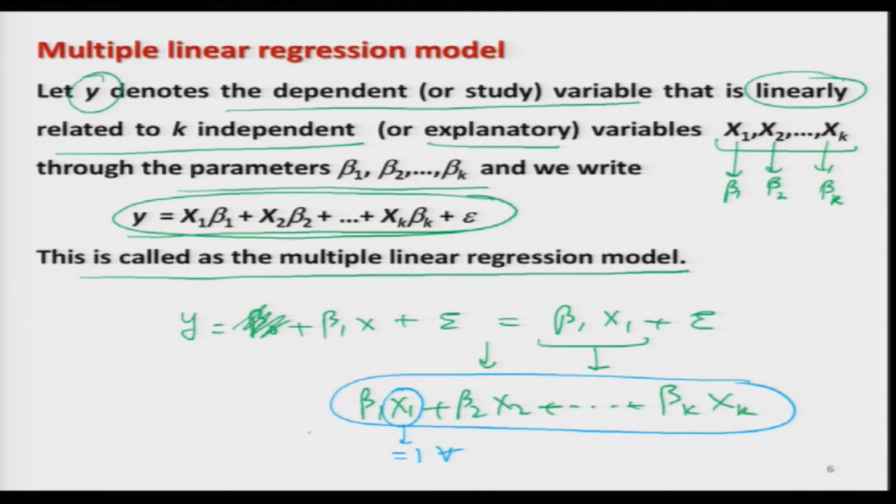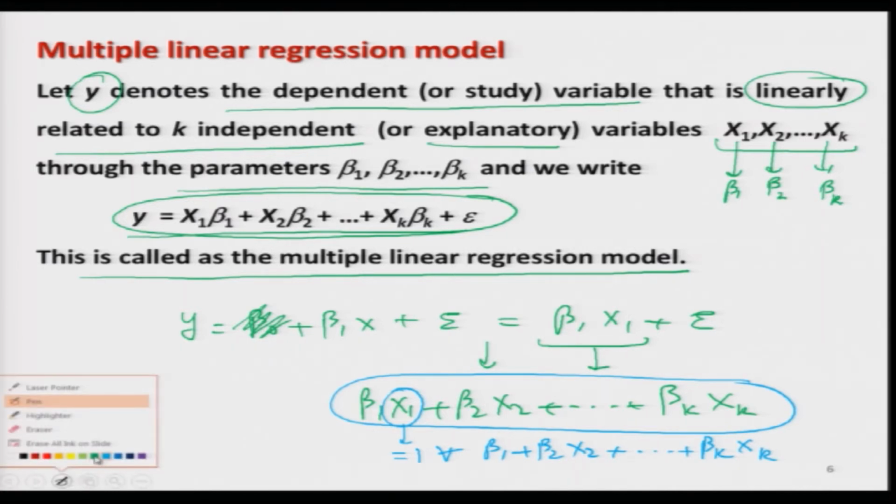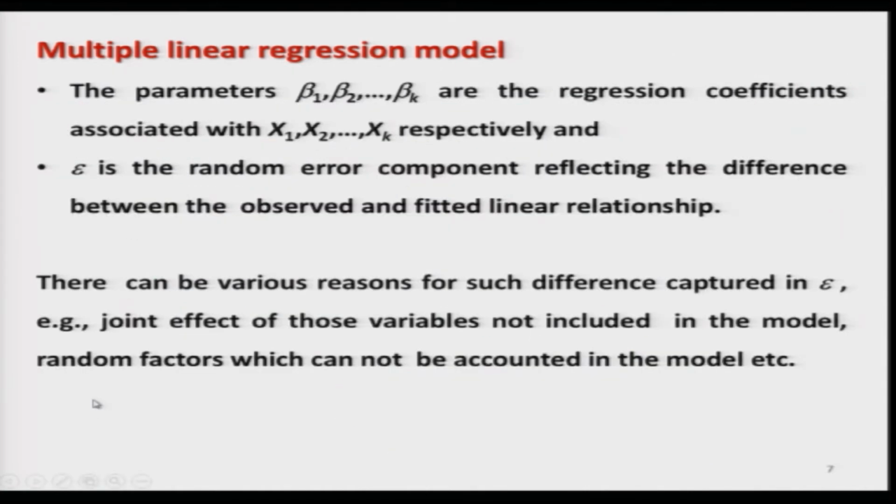And so, now this will become something like beta 1 plus beta 2 x2 plus up to beta k xk. So, that means if you want to have an intercept term in the model, then you simply take the first variable which always takes the value 1, that is all. Do not worry, I will show you in more detail in the further slides.